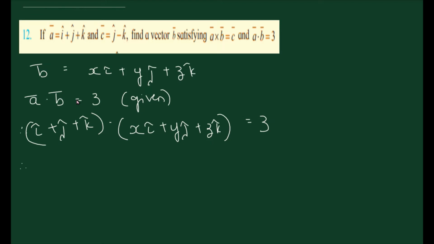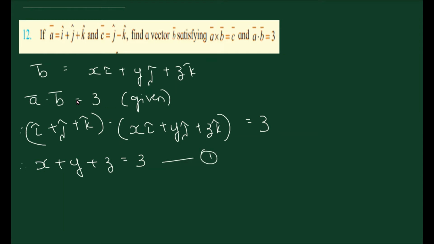If you remember how to do the dot product, I dot I is 1, so X into 1 gives us X. The coefficients are multiplied together. So X plus Y plus Z is equal to 3. Suppose we number the statement as 1.